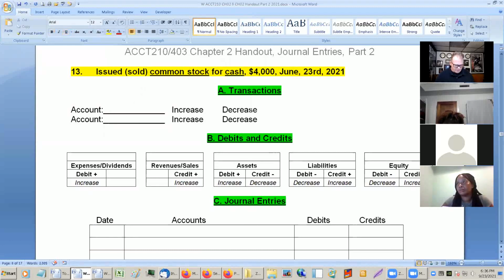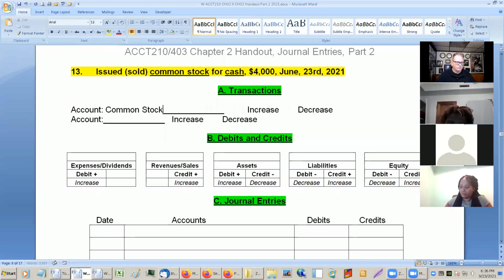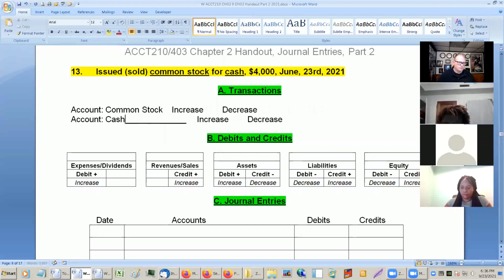Okay, so common stock. This one's a hard one.